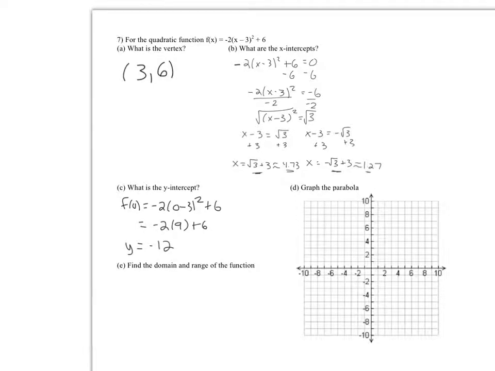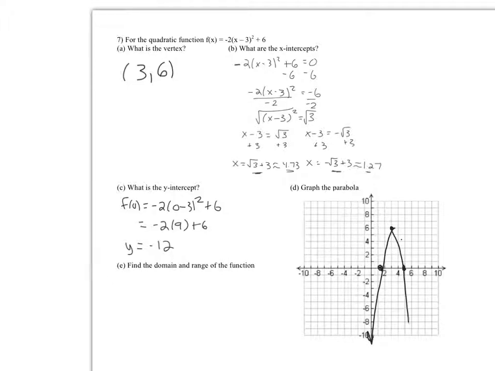So let us graph. My vertex is at 3, 6 this time. My x-intercepts are a little bigger than 1 and almost to 5, a little less than 5. My y-intercept is way down at negative 12, so that would be off this graph.